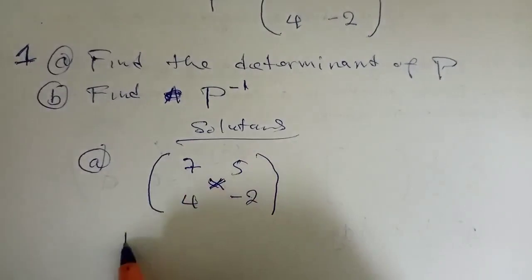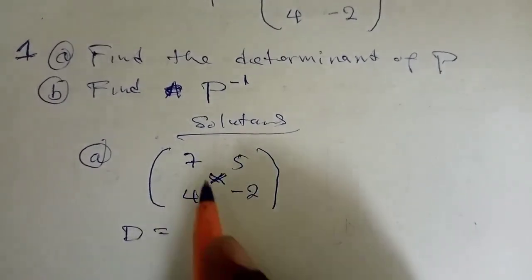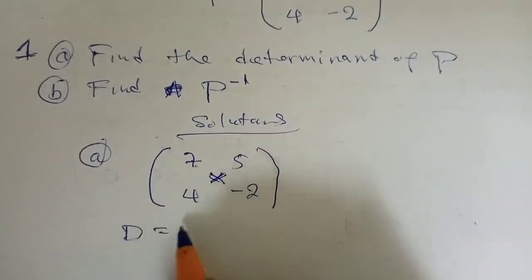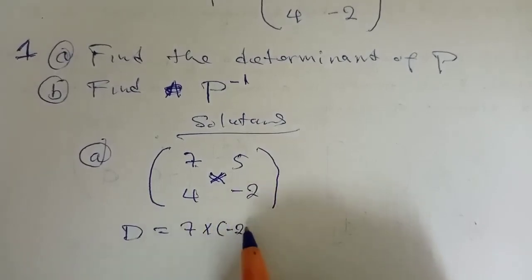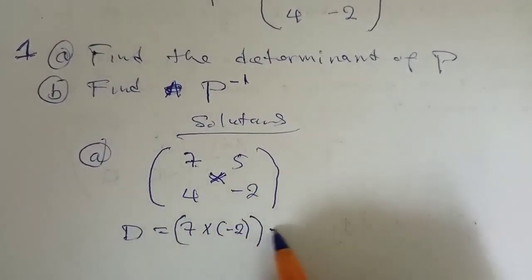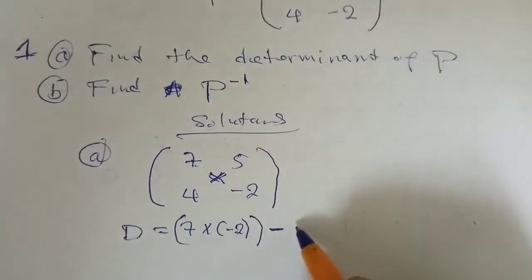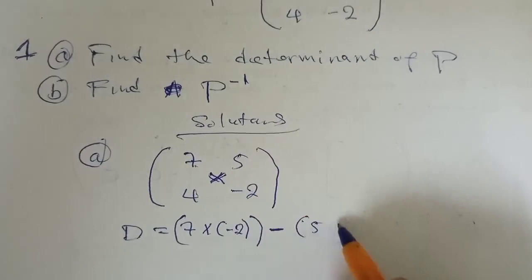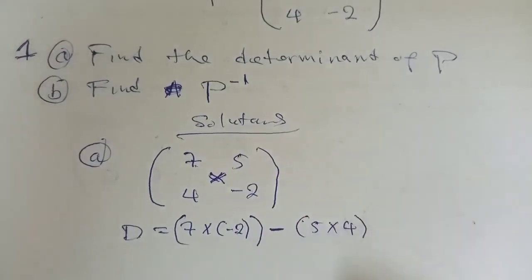The determinant formula is this times that, minus this times that. So it is 7 times -2, minus 5 times 4.